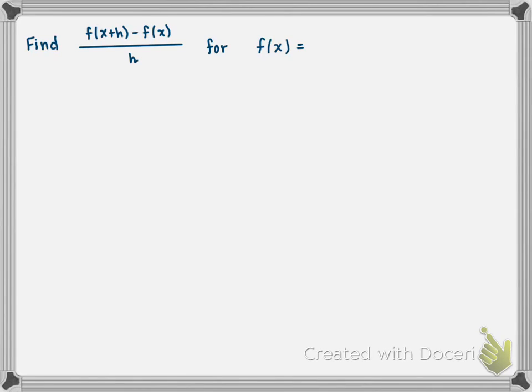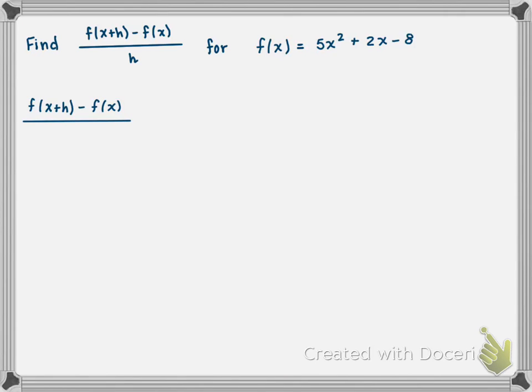So let's do f of x equals 5x squared plus 2x minus 8. F of x plus h minus f of x over h.